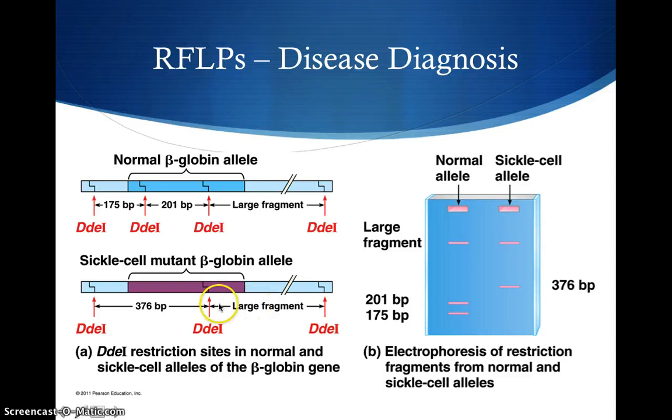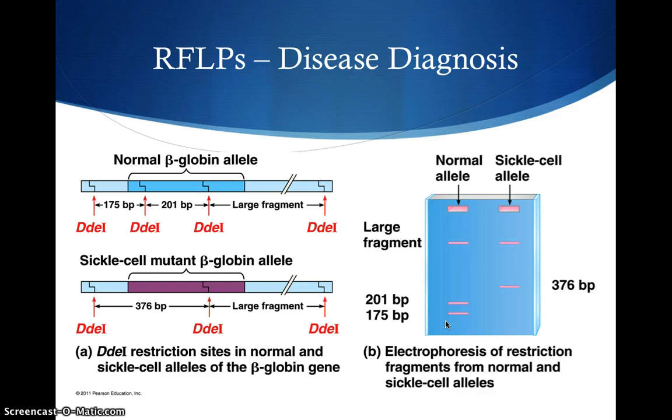So as we can see, there are going to be two different large bands, and then you have one large band and two small bands. A normal person should have three bands, 1, 2, 3. The sickle cell patient would have two bands like this. By looking at the electrophoresis gel, we can see that this person has some kind of mutation based on the band pattern right here.